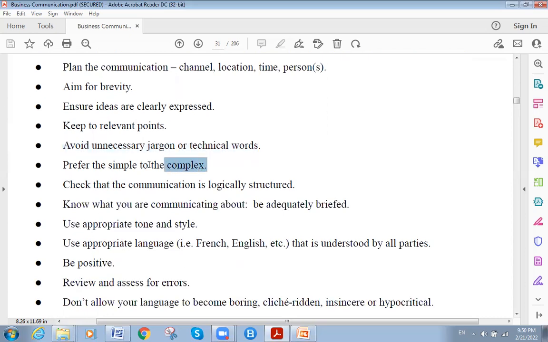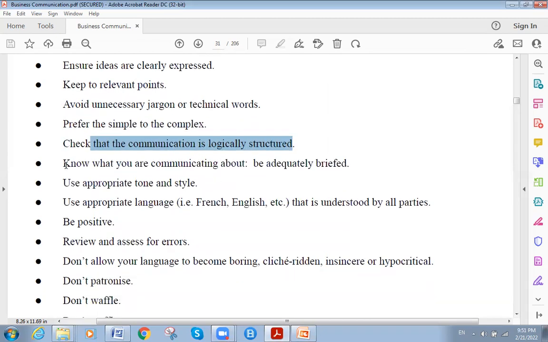Don't use initials or short forms. Prefer the simple to the complex. Be simple and easy, because when you talk simply, people will easily understand what you want to say. Check that the communication is logically structured. Know what you are communicating about.